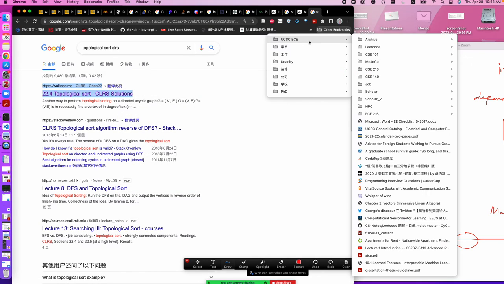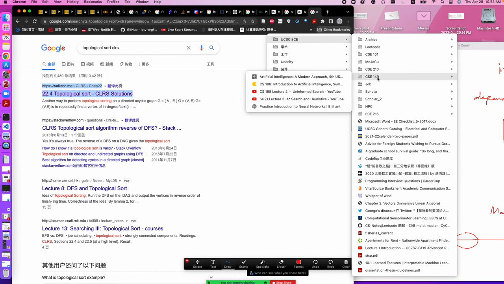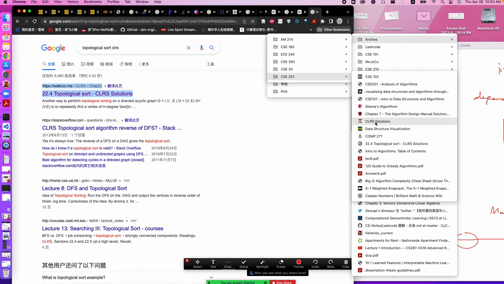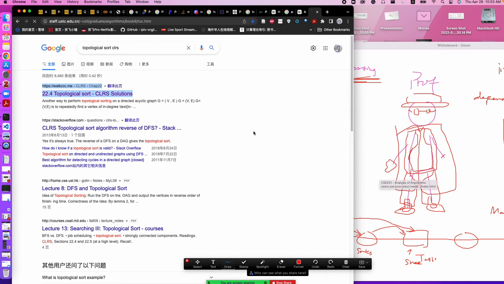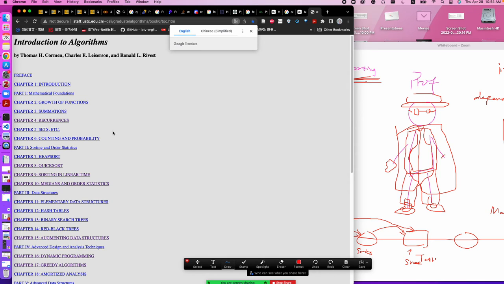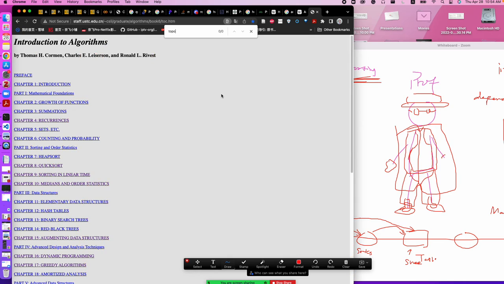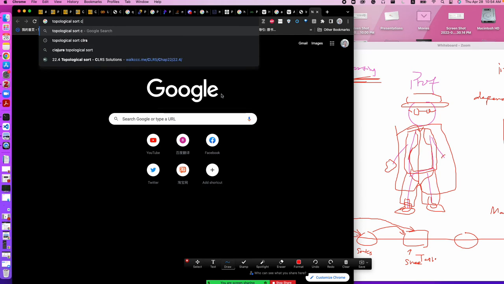If you don't know this book, I think I shared it with some students in my previous sections. I can share this book with you guys. If you're interested, you can find the heap sort, and the topological sorting, I think, is a little bit too hard.